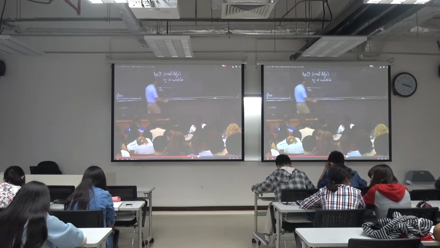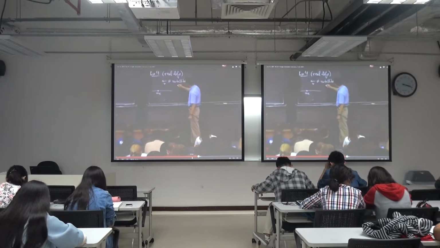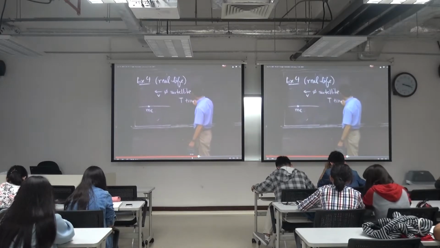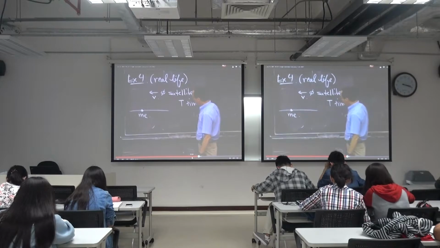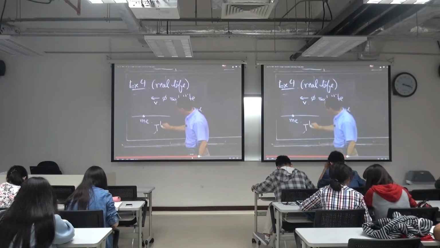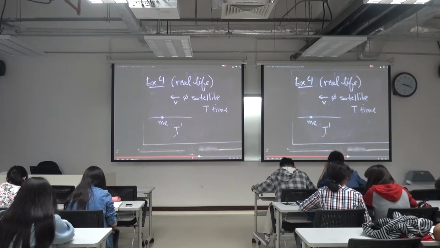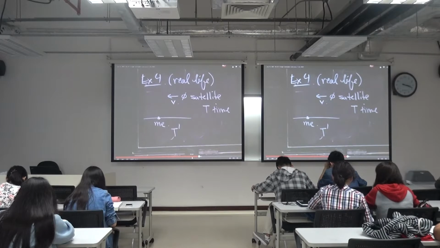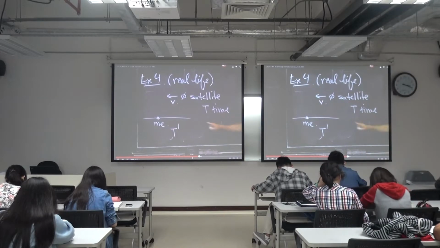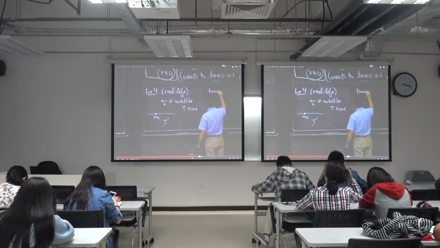And this satellite has a clock on it because this is a GPS satellite, and it has a time t, okay? But I have a watch, in fact it's right here, and I have a time which I keep, which is t prime. And there's an interesting relationship between t and t prime, which is called time dilation.